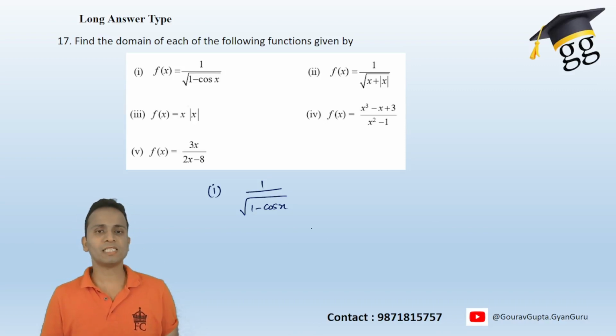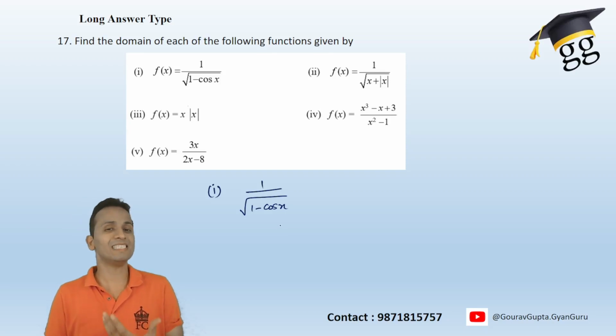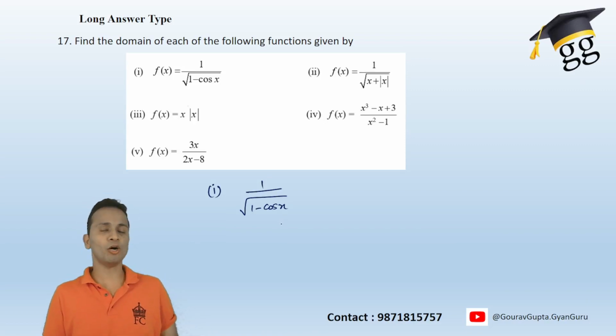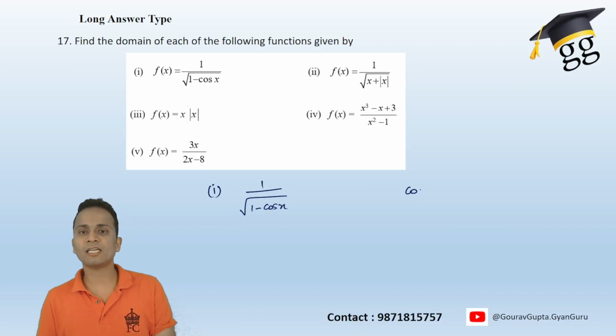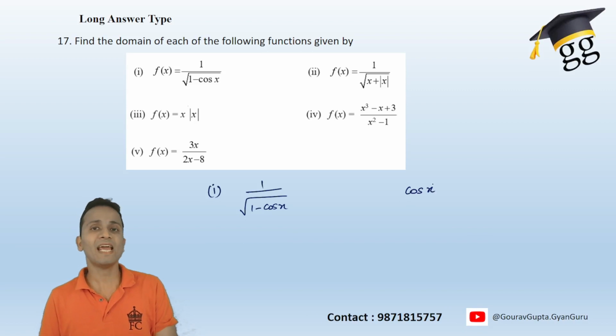Okay, so I can say that 1 minus cos x can either be zero or positive, but at the same instance it cannot be zero as well, because zero is not allowed in the denominator. If the denominator is equal to zero then the expression will not be defined. Also simultaneously if you look at the range of cos x, cos x will be less than or equal to 1 and greater than or equal to minus 1.